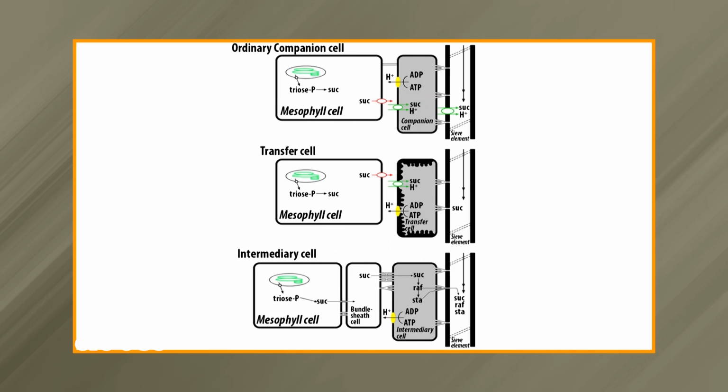Species which have an apoplastic mode of phloem loading translocate sucrose almost exclusively. They also have either ordinary companion cells or transfer cells in the minor veins.